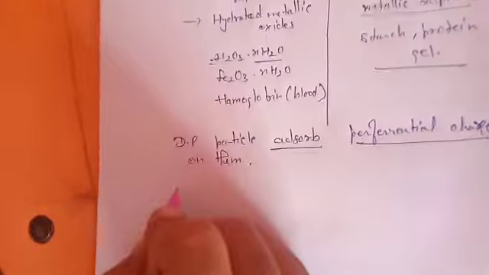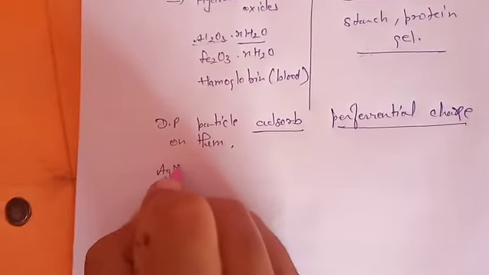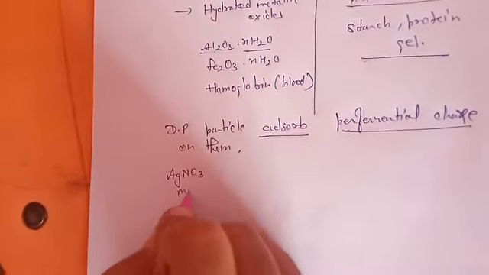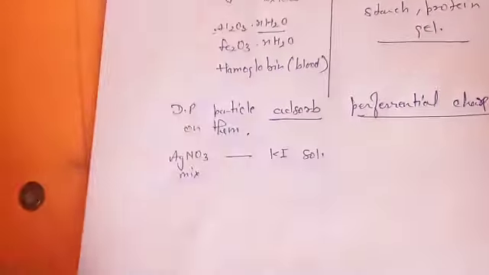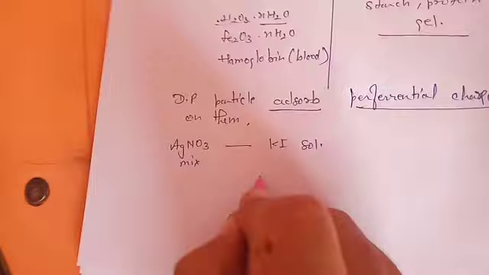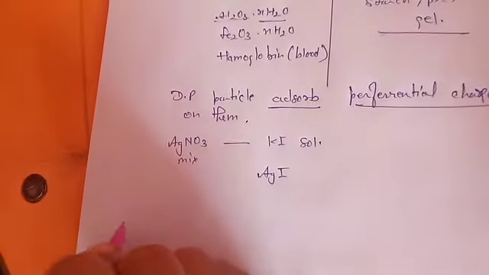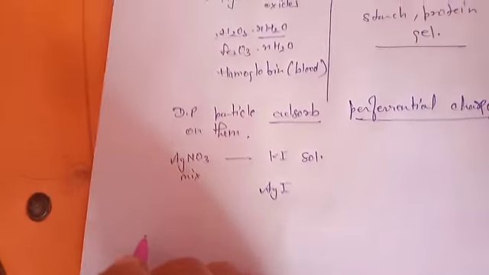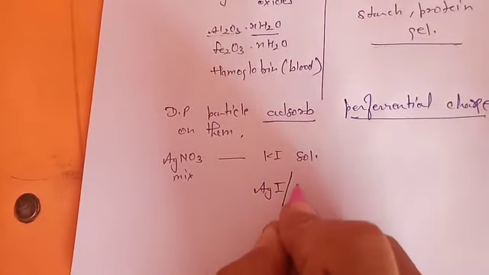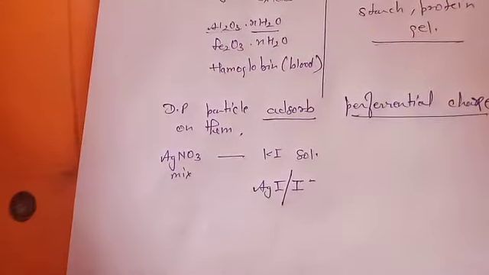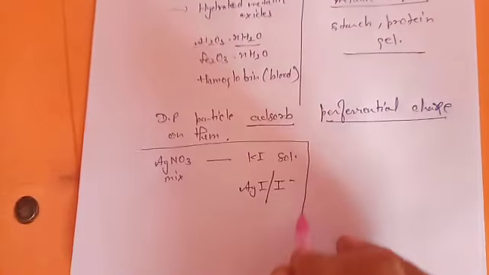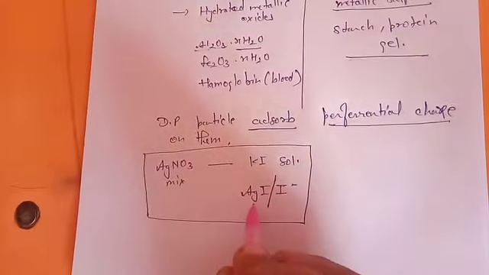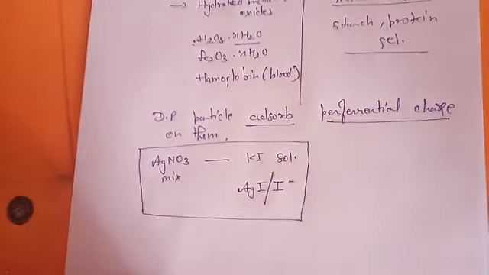Let's talk about a simple example. If you mix silver nitrate into potassium iodide solution, then silver iodide acts as the dispersed phase particle and it adsorbs iodide ions, and that means this mixture results in a negatively charged colloid.